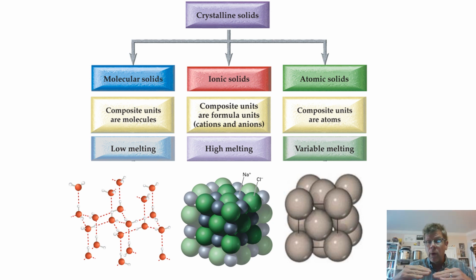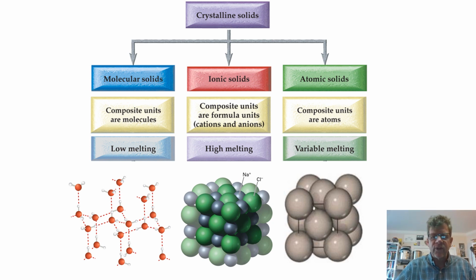A lower boiling point meant a weaker intermolecular force holding those particles together. The same can be said for solids and their melting points. A higher melting point means there is a stronger force holding the particles together. Comparatively, a lower melting point means there's a weaker force holding the particles together.